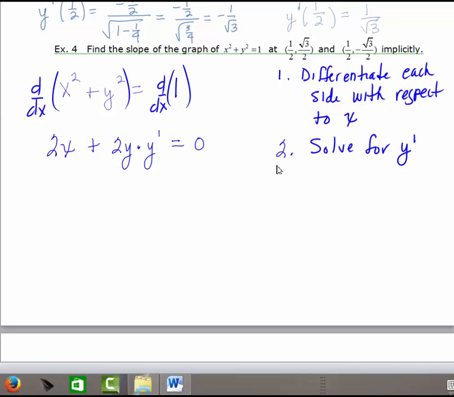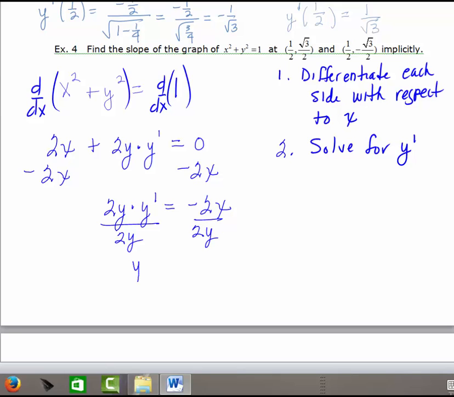Step 2 is to solve for y prime. I'll subtract 2x from each side. I get 2y times y prime equals negative 2x. I'm going to divide each side by 2y. So I get y prime equals negative x over y.